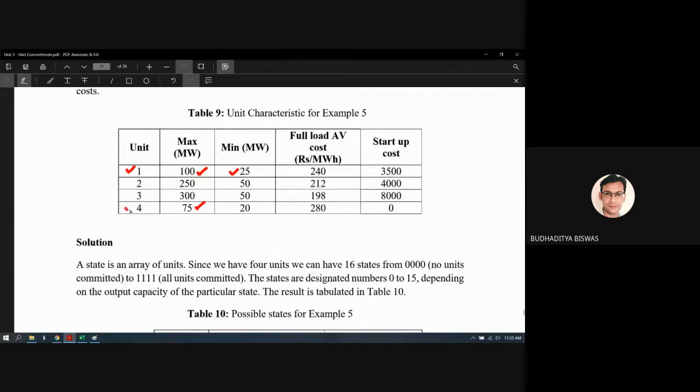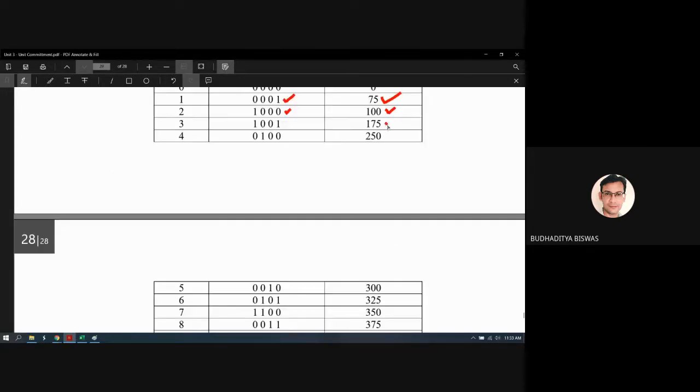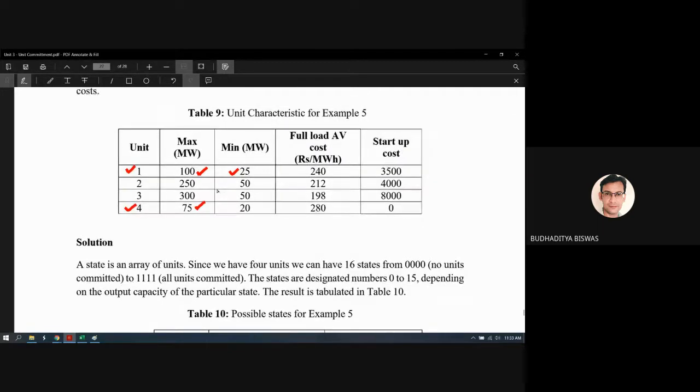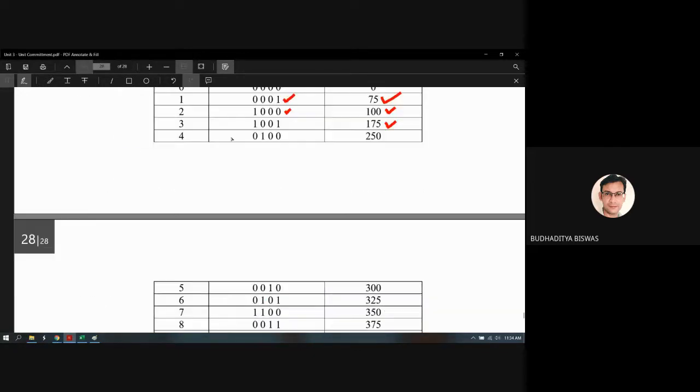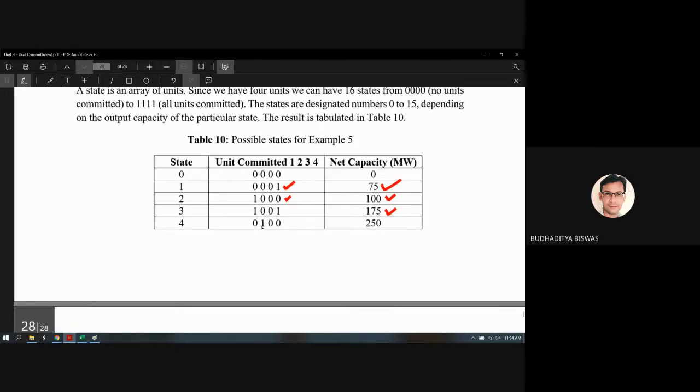If we just commit unit 1 and 4, then what is the maximum generating capacity we have? 175, 100 plus 75. After 175, you see 250 is there. So we should commit unit 2 at that time. That's why 0100 is there to commit unit 2.